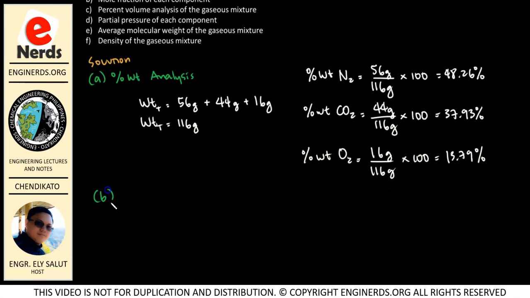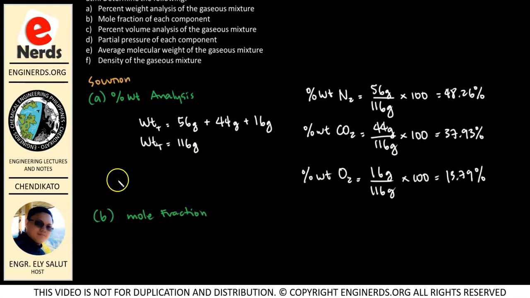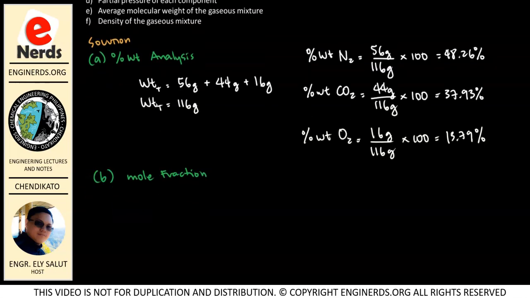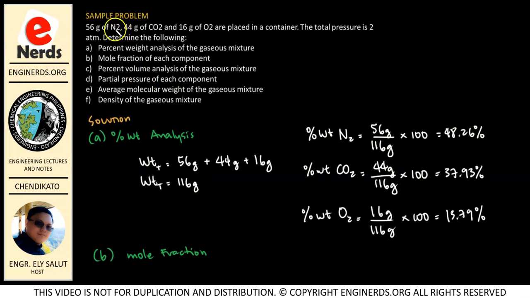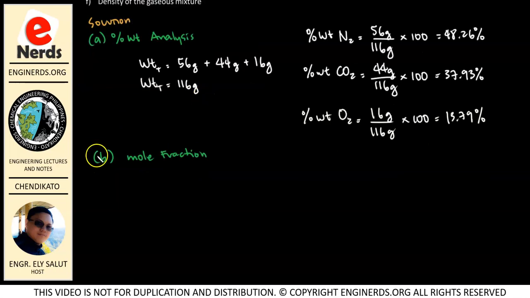So, we need to get the mole fraction of each component. So, unahin natin yung nitrogen. So, ano yung weight ng ating nitrogen? Our nitrogen is 56 grams. Weight ng N2 is 56 grams.